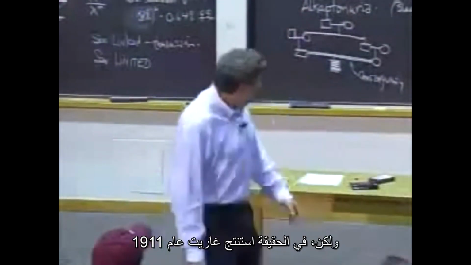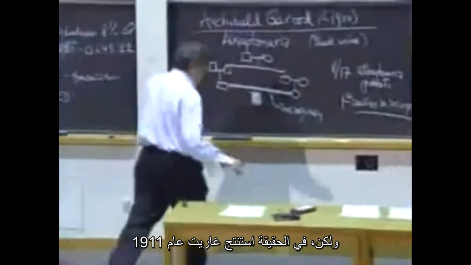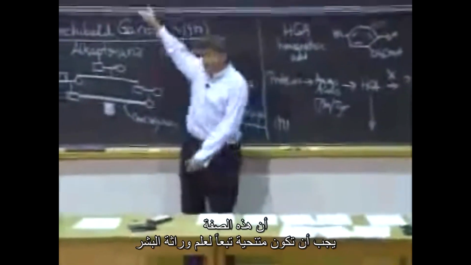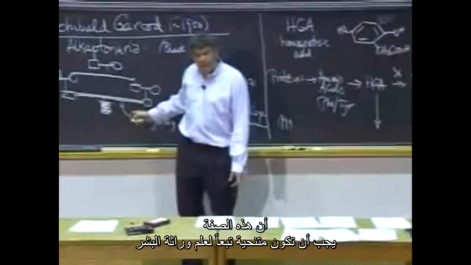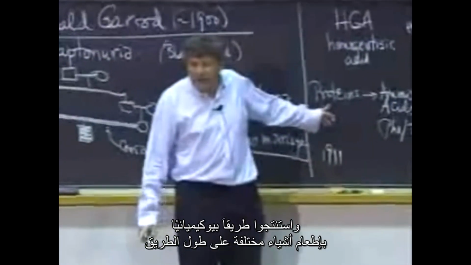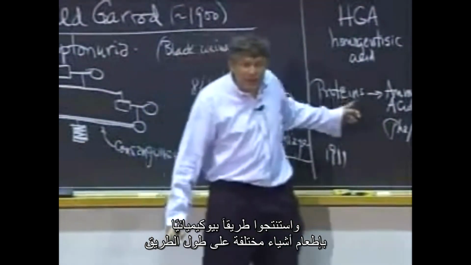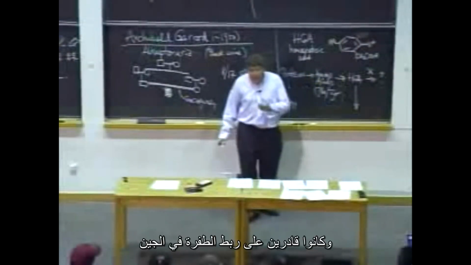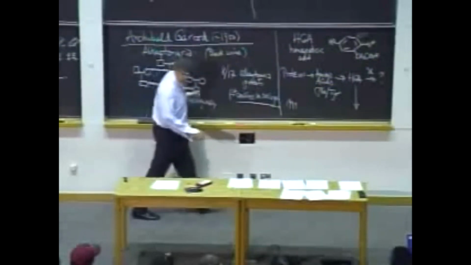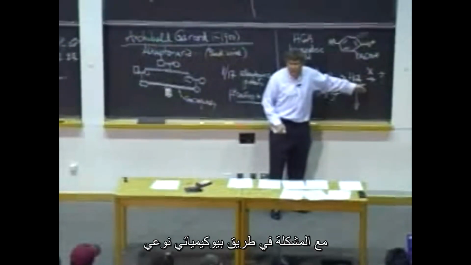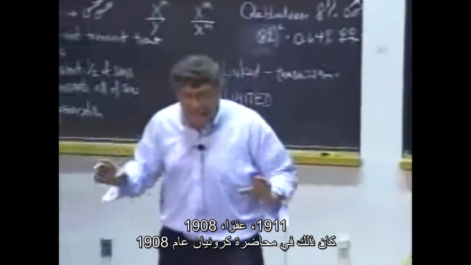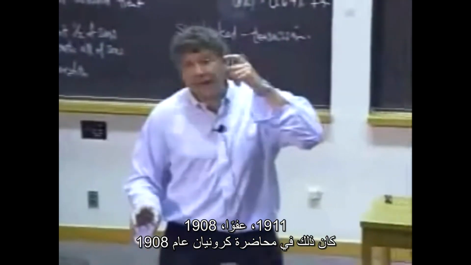But in fact, Garrett in 1911 worked out that this trait had to be recessive because of its population genetics, and inferred a biochemical pathway by feeding different things along the way, and was able to connect a mutation in a gene to a problem with a specific biochemical pathway. 1908.